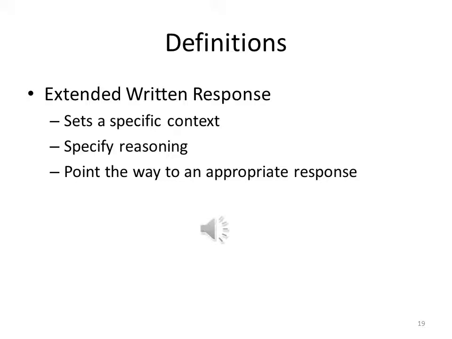Another way of doing this is to specify the reasoning. Why are they writing? Why do you want them to pull information together into a written format? As the instructor, you need to point the way to an appropriate response, not give the student answers, but help clarify the context so that the student is targeted into what you want them to respond to.